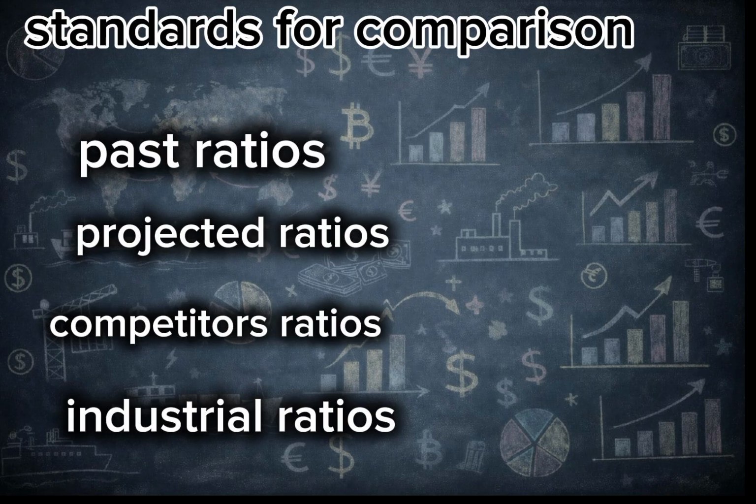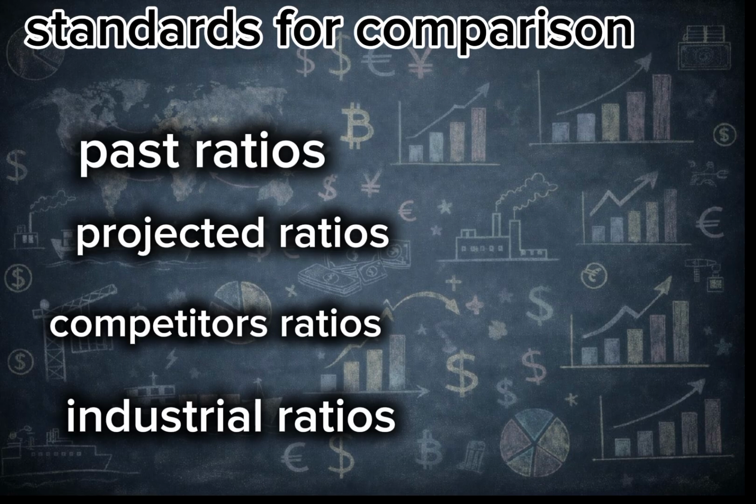We look for the average and compare our ratios with that. I hope you understand what industry means. Industry means a collection of companies in the same line of business, like a beverage industry or a fashion industry and whatnot.